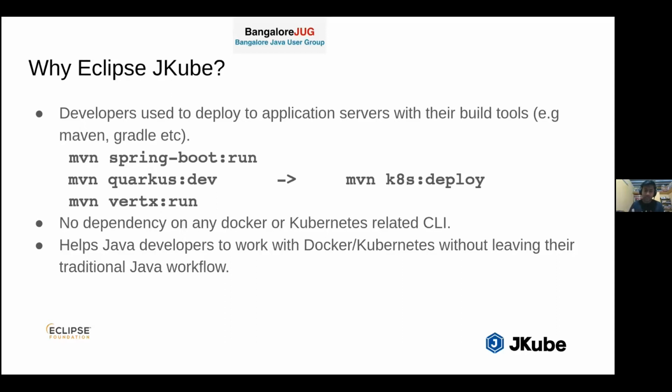You can simply configure the plugin to be activated on various phases, like the package phase or install phase, or we can create a release profile to release your project to some container registry. So it really helps Java developers work with Docker and Kubernetes without realizing that they are slowly moving towards the cloud.